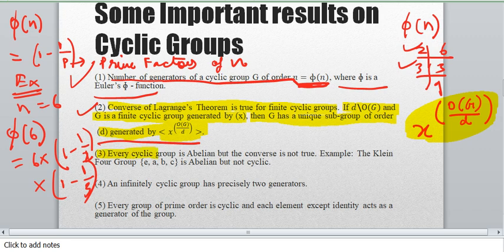Every cyclic group is abelian, but the converse is not true. What does that mean? It means that every group that is cyclic is abelian.